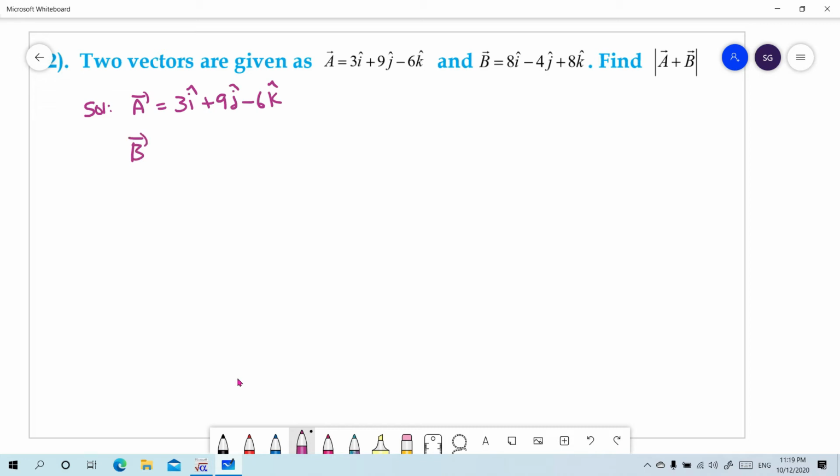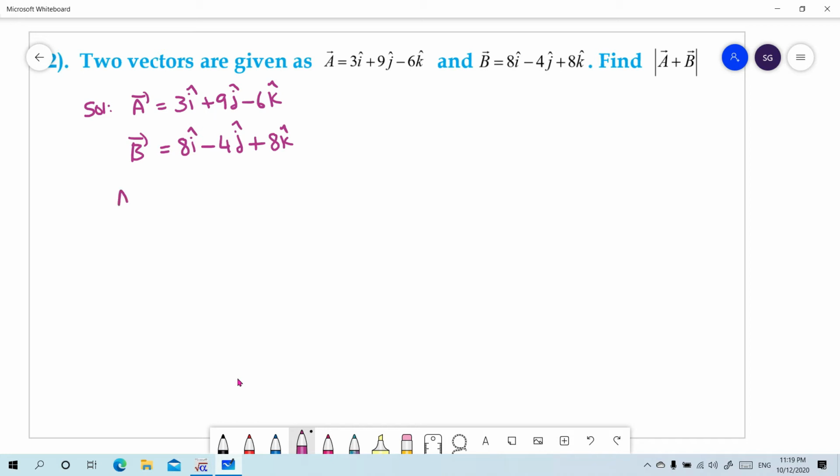So given vectors a bar is equal to 3i cap plus 9j cap minus 6k cap, b bar is equal to 8i cap minus 4j cap plus 8k cap. So first I have to find a bar plus b bar, their addition.